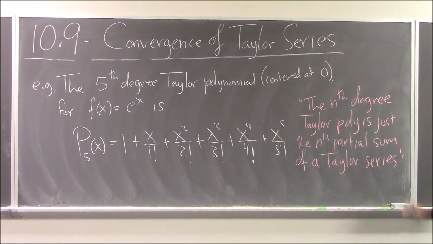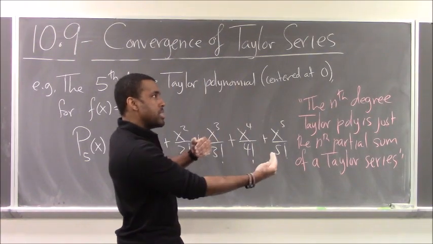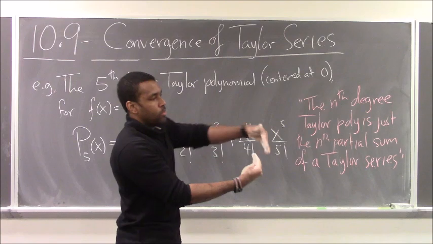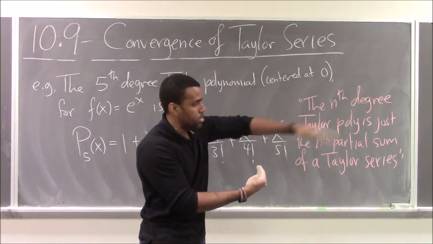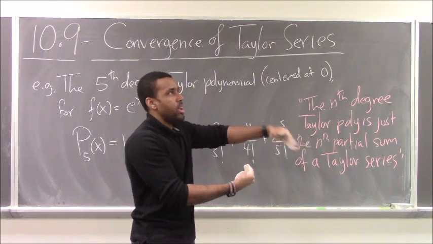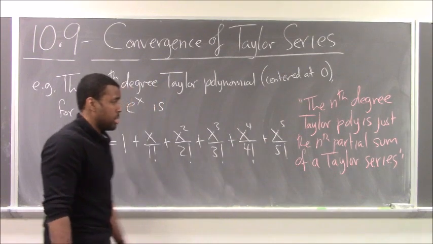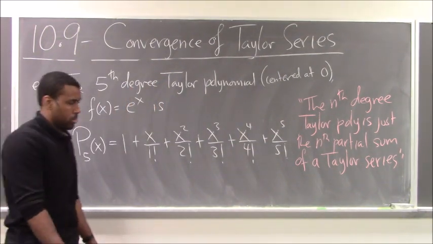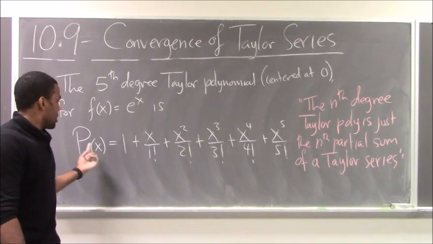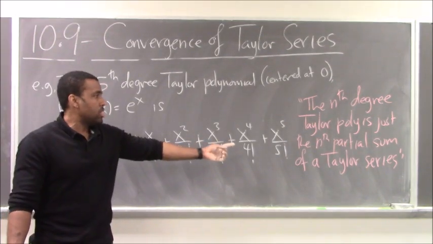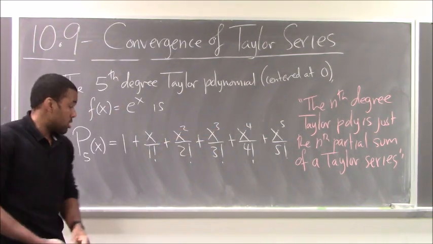That's one way you can think of it. And we know if we find the nth partial sum, there's a tail that's left over. There's an infinite sum left off at the end. And in the same way as that was called a remainder term for series, we actually use the same phrase when it comes to Taylor polynomials, Taylor series, right? So we have the Taylor polynomial is just the nth partial sum. The rest of the series is called the remainder term.